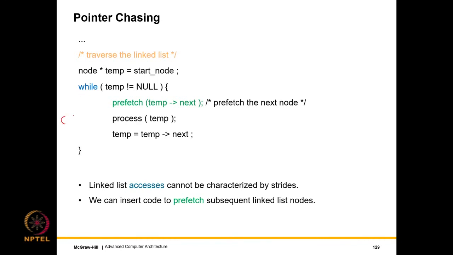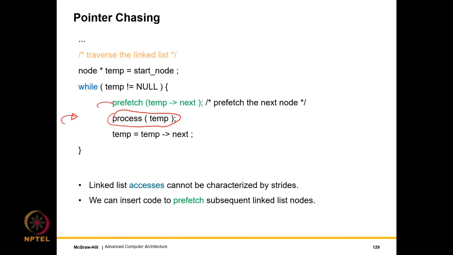What I'm showing here is typical code of a linked list where we start at a start node and keep on iterating, so essentially temp is equal to temp next. Then we process a node, go to the next, process that, and so on.